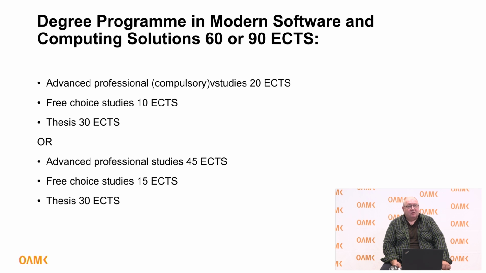And this is how these studies are organized. We have advanced professional studies, 20 ECTS, then we have free choice studies, 10 ECTS, and thesis 30 ECTS for the engineers, and 45 ECTS advanced professional studies, 15 ECTS free choice studies, and 30 ECTS thesis for the non-engineers or computer scientists and business people.